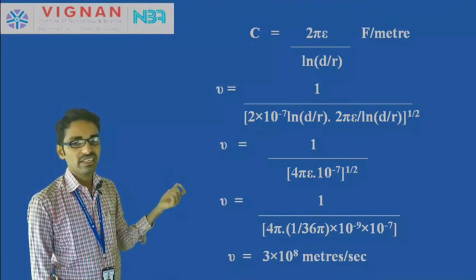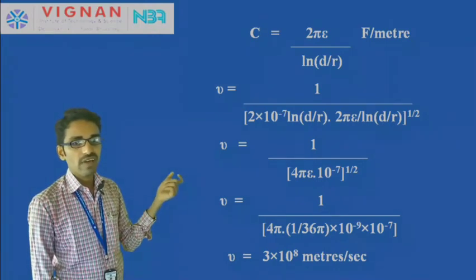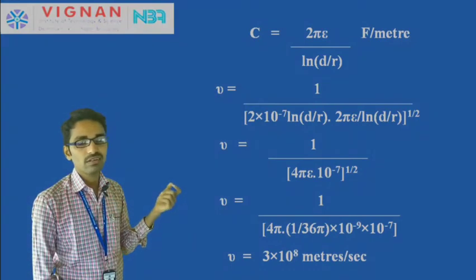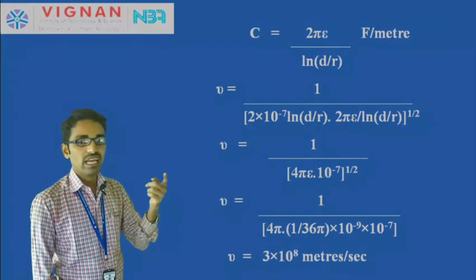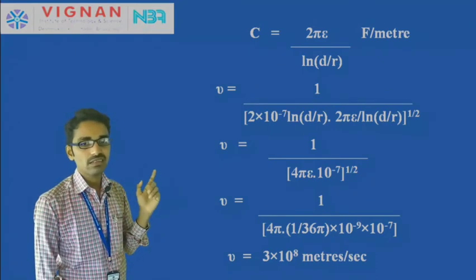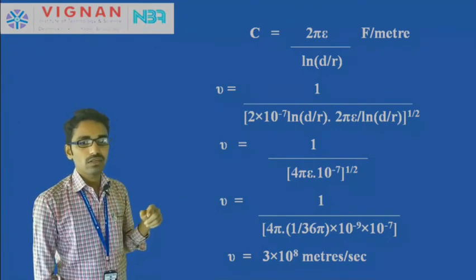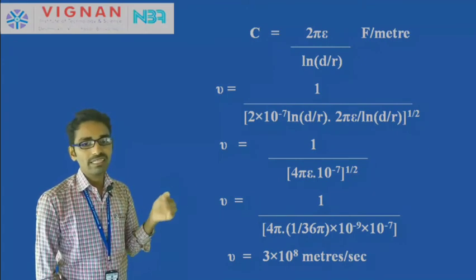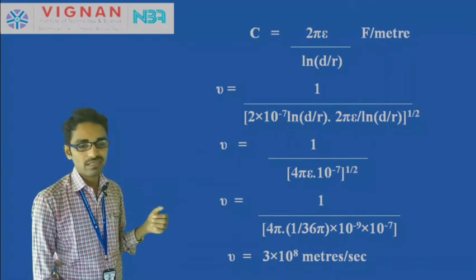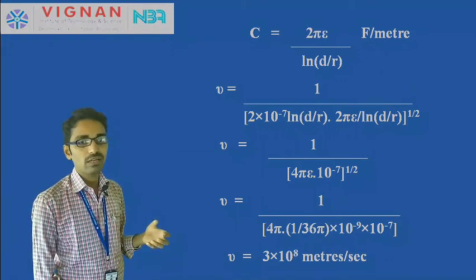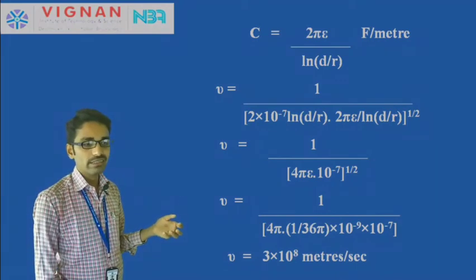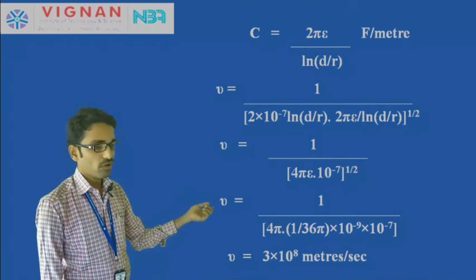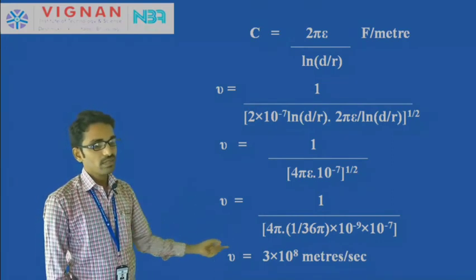That gives 4 pi into 10 to the power of minus 7 times epsilon, where ln d by r gets cancelled. Substituting epsilon as 1 by 36 pi into 10 to the power of minus 9 and calculating, you get nu equal to 3 into 10 to the power of 8 meters per second.